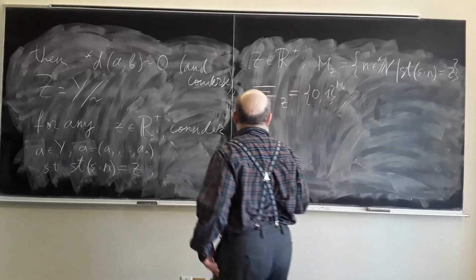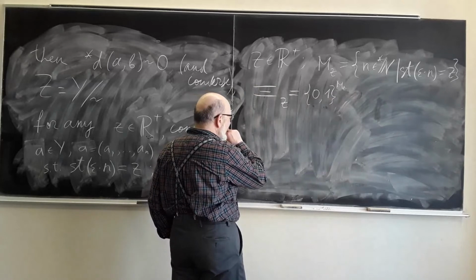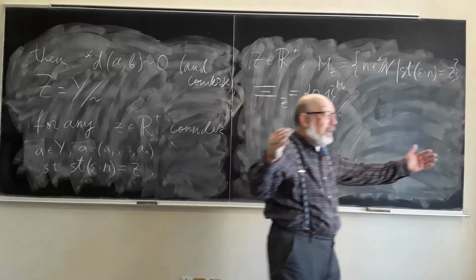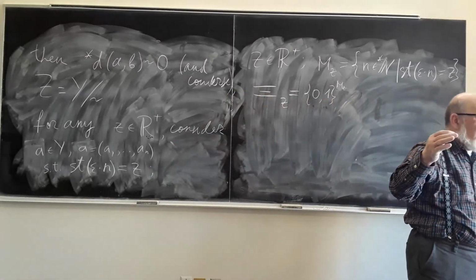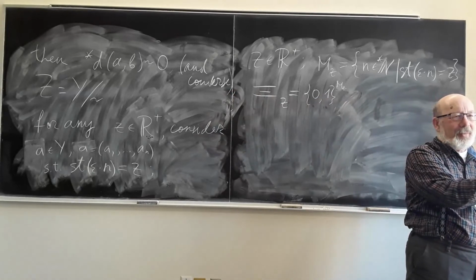Now, what we can say? We say that the non-standard line is a union of sort of monads of the sets mz.